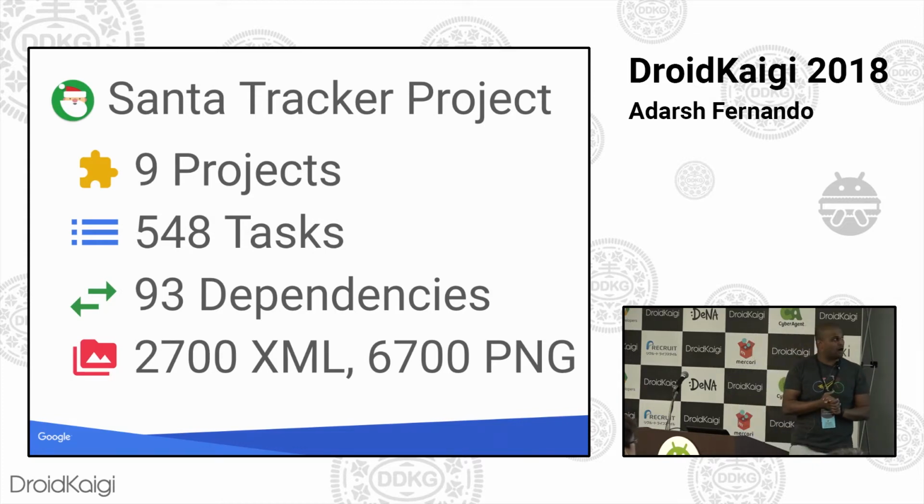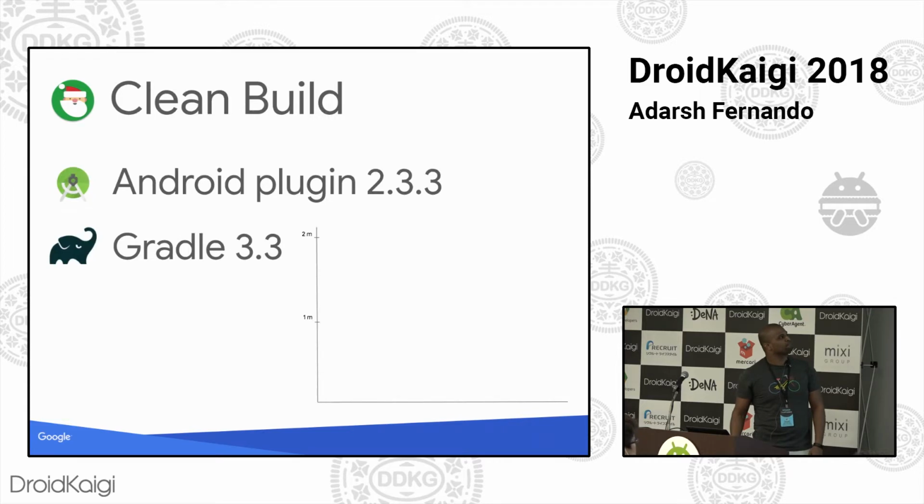So Gradle has to configure those 9 modules and prepare a task dependency graph for over 500 tasks. Then it has to resolve more than 100 dependencies. And that's not even considering all the code it has to compile, plus resources like XML and about 7,000 image files. So it's a decent sized project, right?